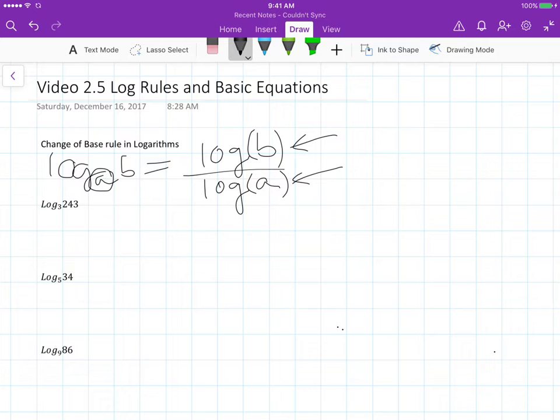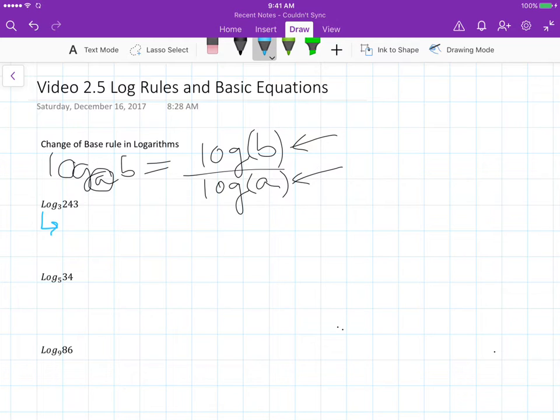So it basically tells you we can switch everything to base 10 by taking the log of b divided by the log of a. So let's take an example here. Log base 3 of 243. All I want to do right now is switch this into common log, so base 10, using the change of base rule.